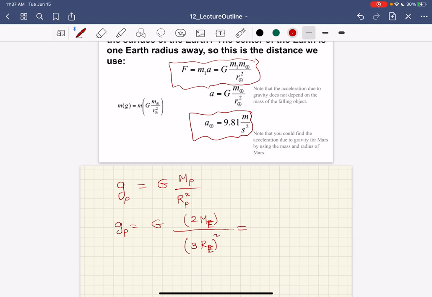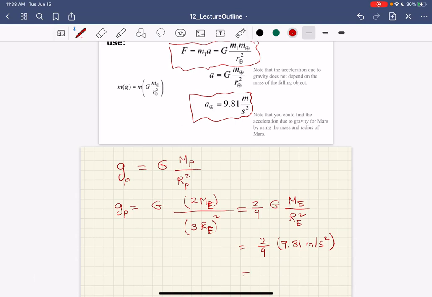This means that g is going to be 2 over 9 of G M_E over R_E squared, and that is 9.81. Okay, and this is how you are going to calculate the acceleration due to gravity on any planet.